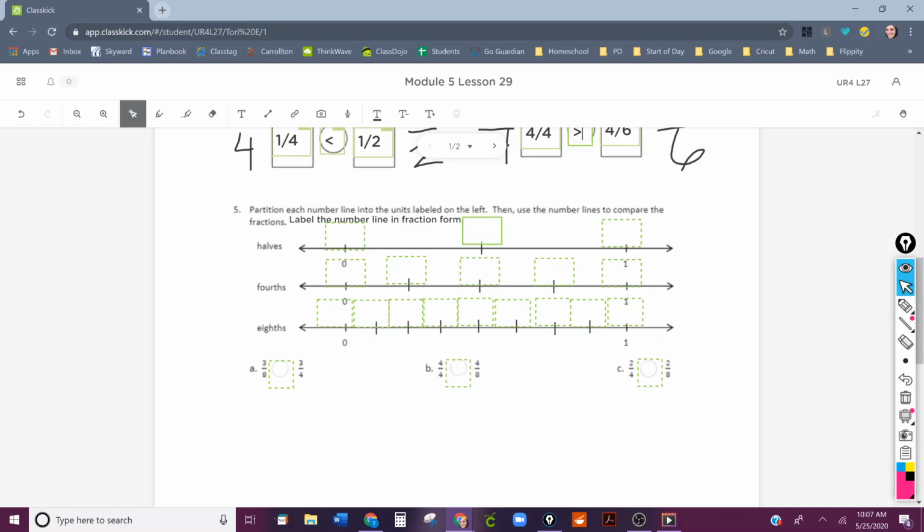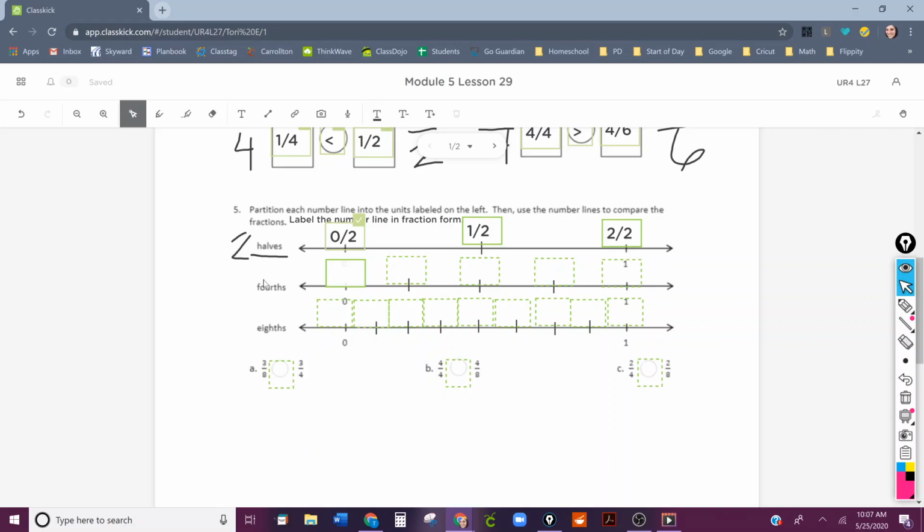So because I put the number lines in for you, I want you to go ahead and label the number line. So we can see over here, this says halves. We know halves is 2 pieces. So at this first one, we have 0 pieces out of 2. Then we're at 1 mark out of 2, 2 marks out of 2.